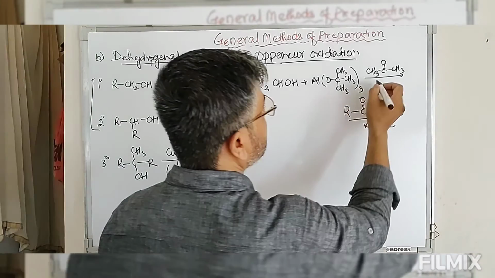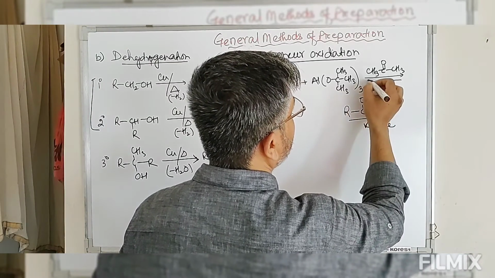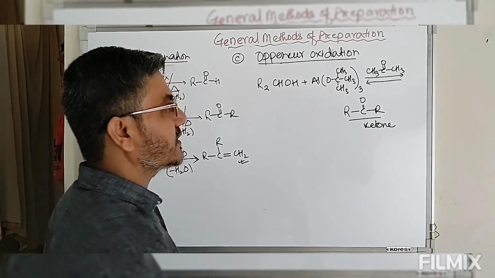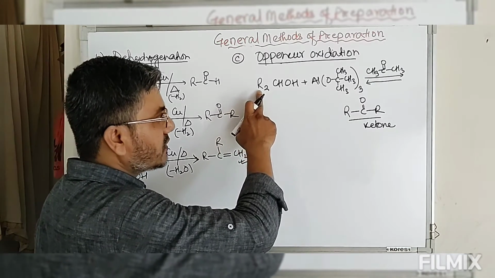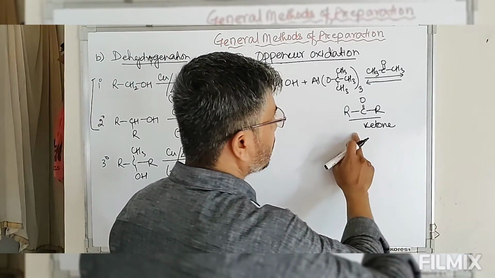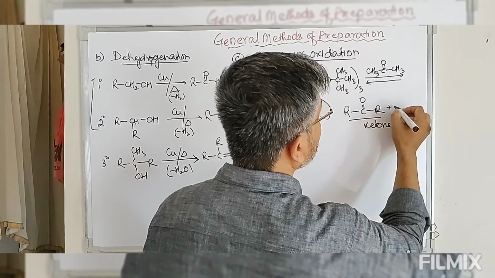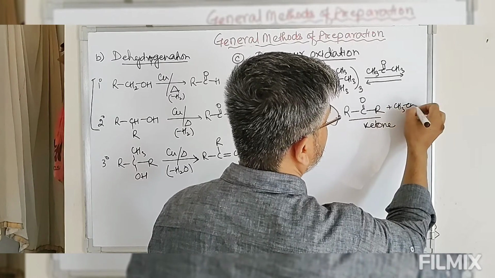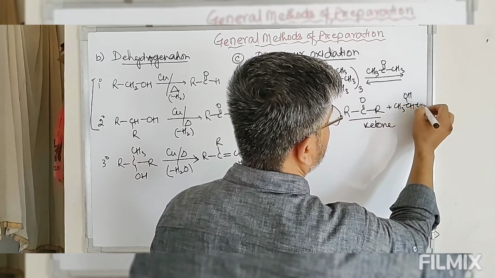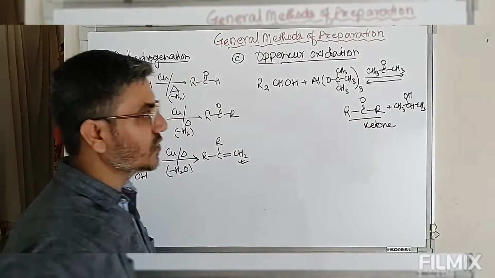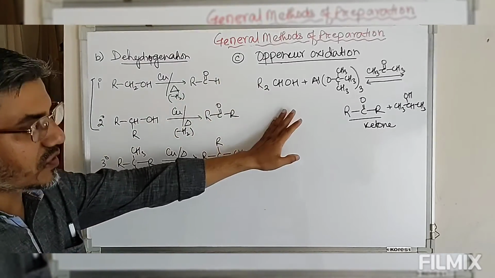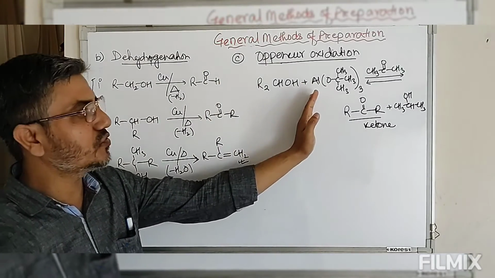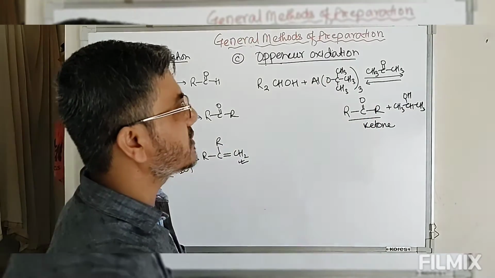Now this reaction is a reversible reaction. The secondary alcohol is converted into ketone and this ketone can be converted into alcohol. So all secondary alcohols on Oppenauer oxidation with aluminum tertiary butoxide in presence of acetone give you ketone.